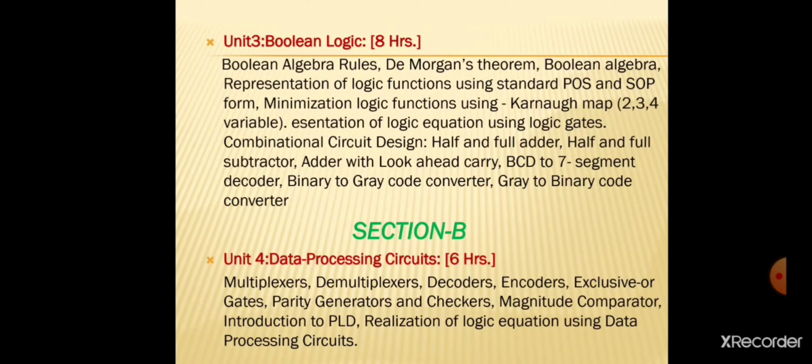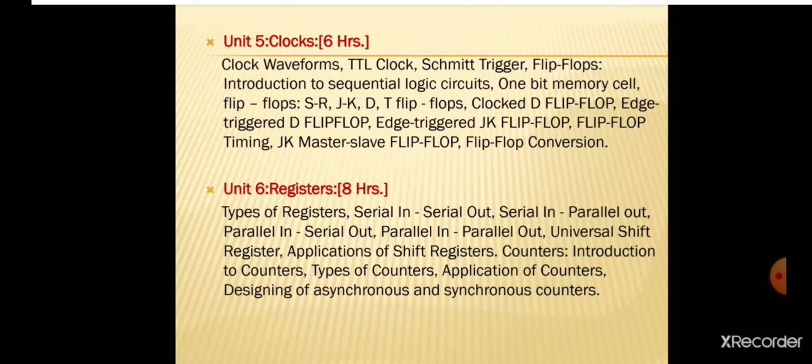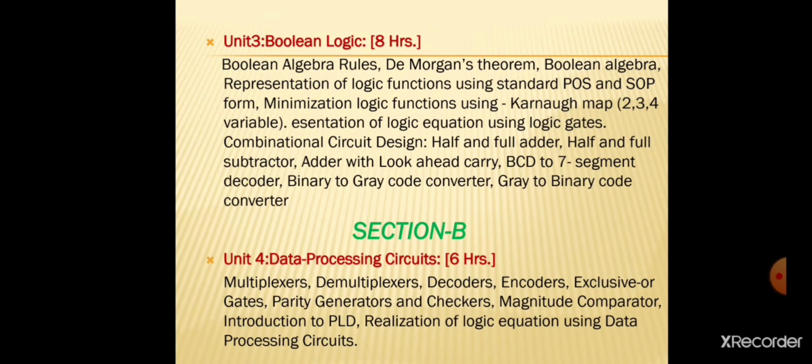Then unit number 3, which is very important, in which the syllabus covered is Boolean algebra rules, De Morgan's theorem, representation of logic functions using standard POS and SOP forms, and minimization of logic functions using the Karnaugh map, which is also called the K map.